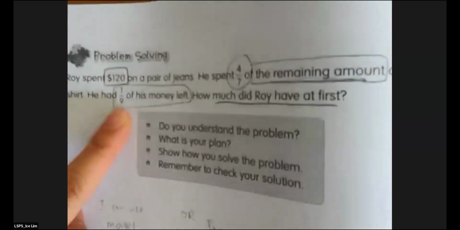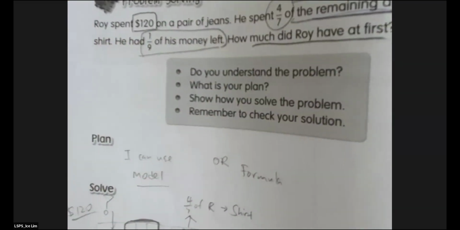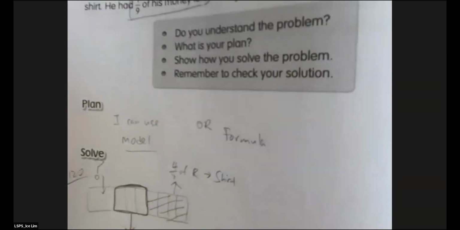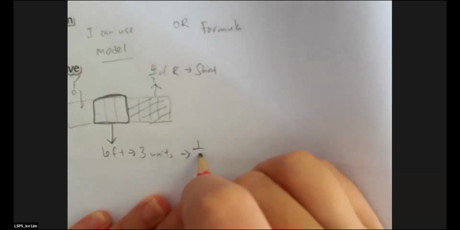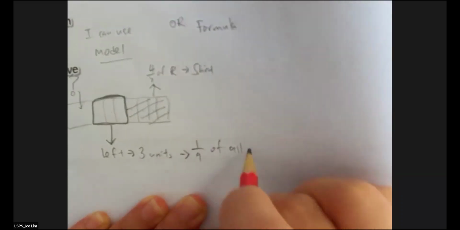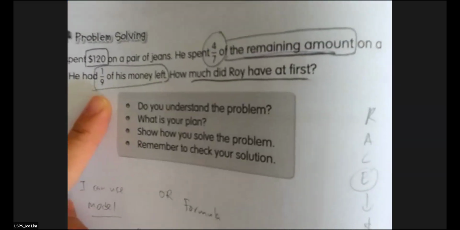So if I match this with this statement, what is 3 units? 1/9. So 3 units is 1/9 of all his money. Correct? Can you understand this? Because he says here he has 1/9 of his money left.